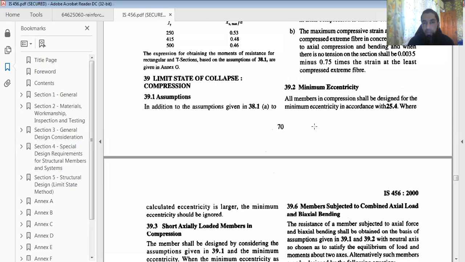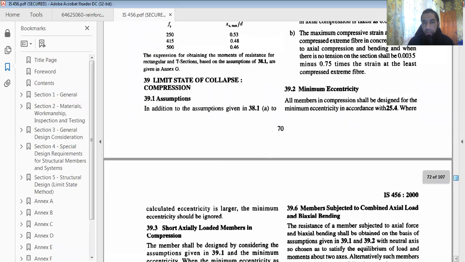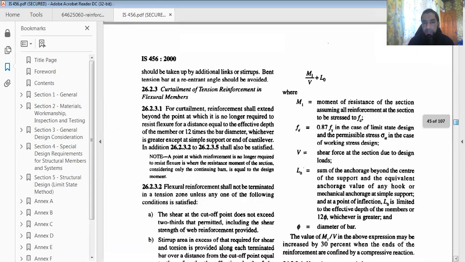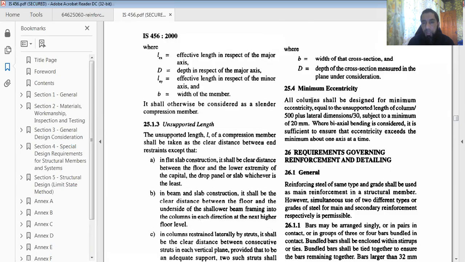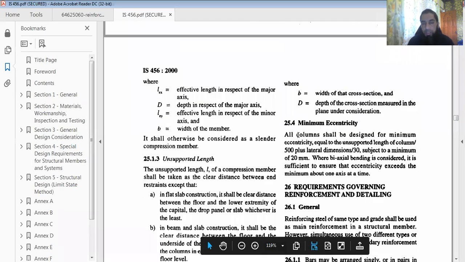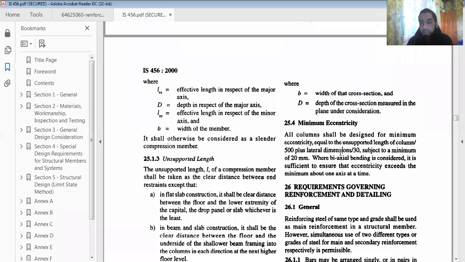This is page 70. Now, minimum eccentricity is given in 25.4, page number 42. All columns shall be designed for minimum eccentricity equal to the unsupported length of the column by 500 plus lateral dimension by 30, subject to a minimum of 20 mm. Where biaxial bending is considered, it is sufficient to ensure that the eccentricity exceeds the minimum about one axis at a time.